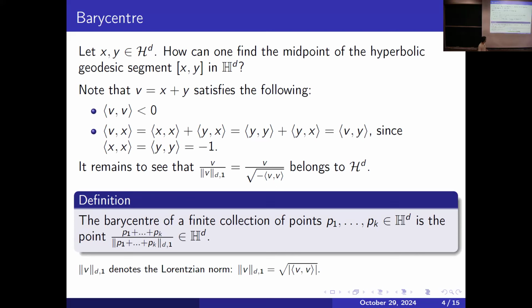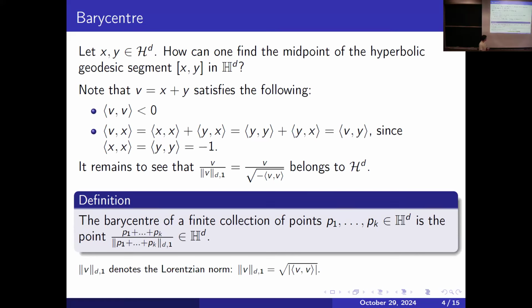It will also be a point from the hyperbolic space, and it is our barycenter. To be more precise and more similar to the way it is defined in the Euclidean space, I actually should have written 1 over k in front of this sum and 1 over k in front of this sum in the denominator, but this is going to be canceled.